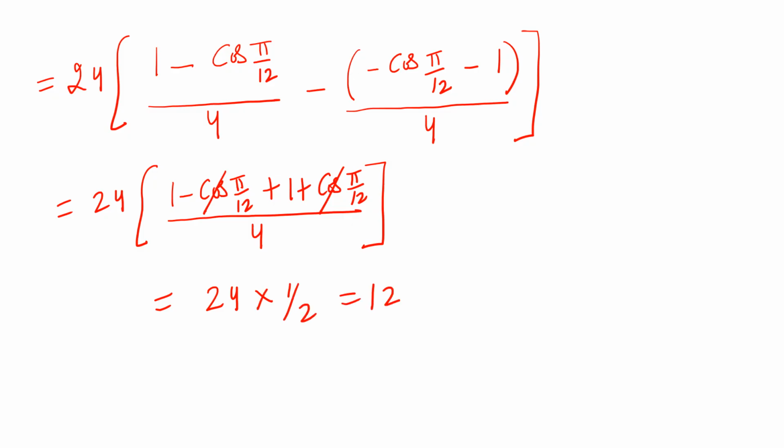Now students, we will find the value of the second integral, and that is 24 into integral 0 to pi by 4 GIF of 2 sin x dx. Now students, when x lies between 0 to pi by 4, then sin x lies between 0 to 1 upon root 2.